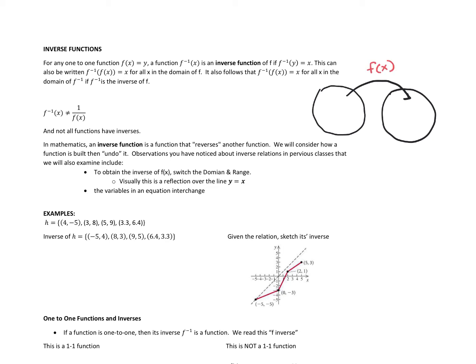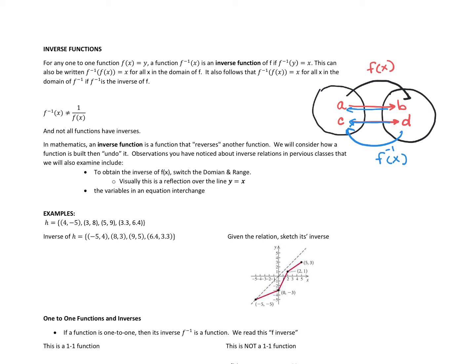And f of x is going to take a to b and c to d. Then our inverse function, which we use the notation f inverse of x, that's the way we read that, is going to take d back to a and d back to c and b back to a.